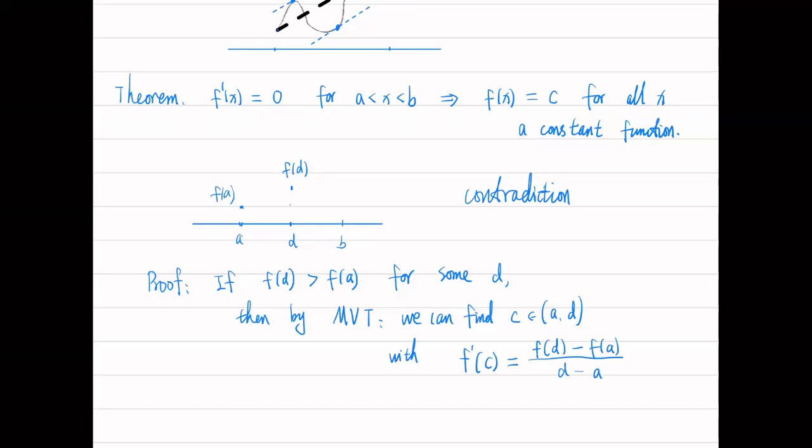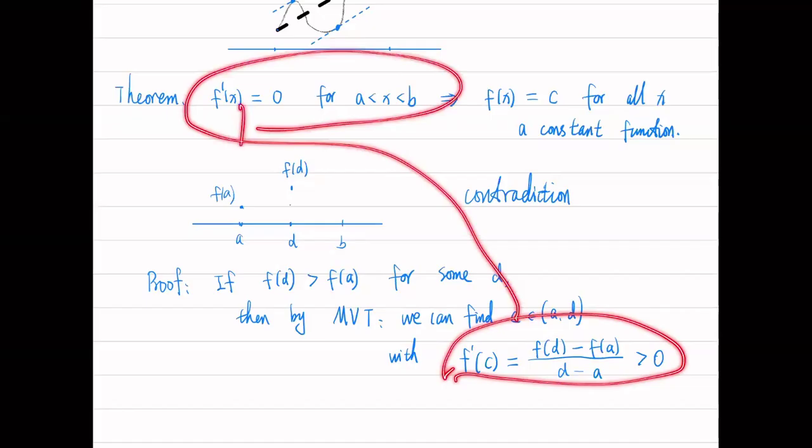The numerator is positive, the denominator is positive, so this will be positive. So this contradicts the assumption that the derivative is 0 everywhere.